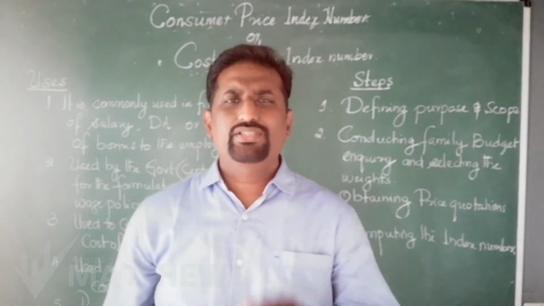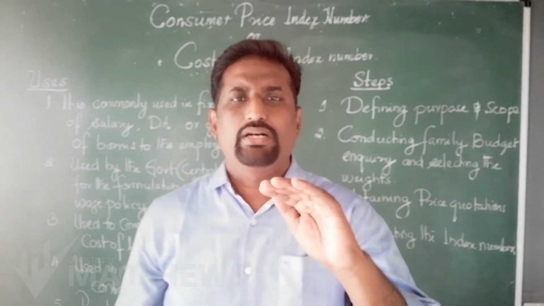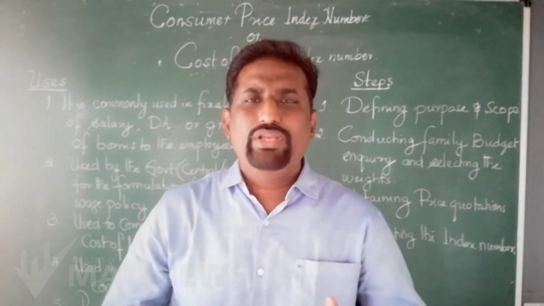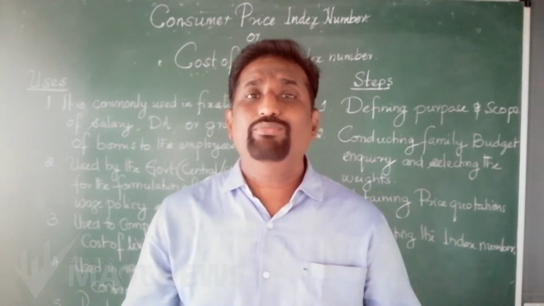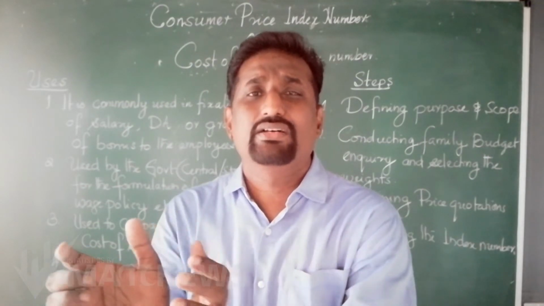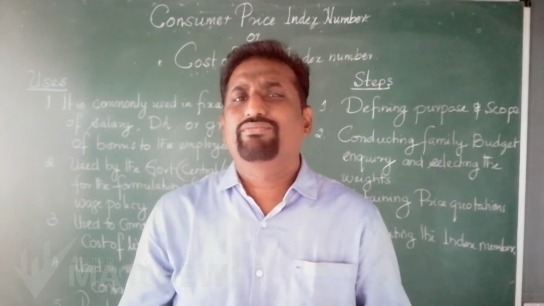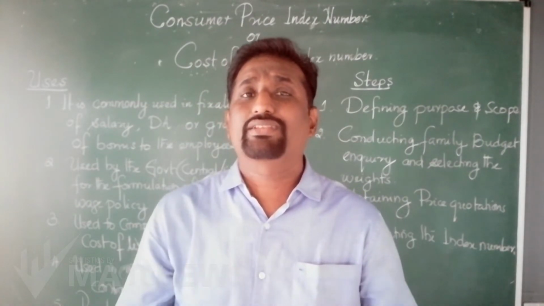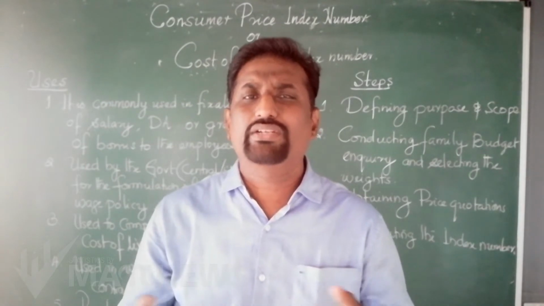One is the unit test, then the time reversal test, the factor reversal test, and the circular test. When we put these index numbers under those tests, we got various results, and we came to know that certain index numbers satisfy certain tests. But the confusion remained about all the index numbers, whether they satisfy or not.